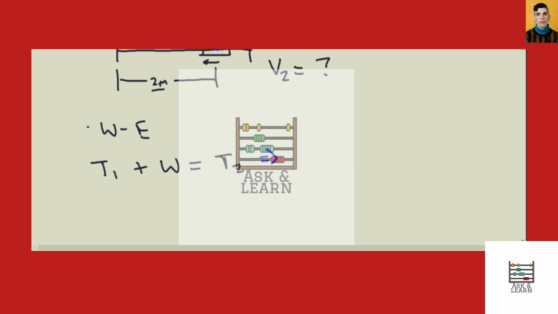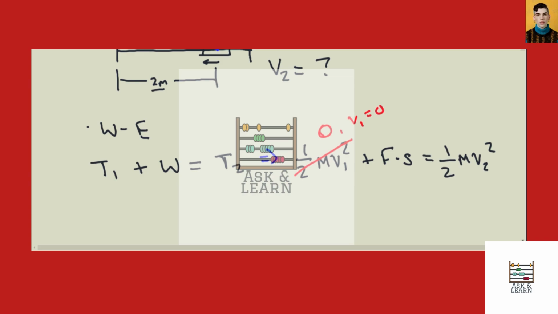And of course, we can expand this to 1/2 m v1 squared, v1 for the initial velocity, plus the force times the distance s is equal to 1/2 m v2 squared, v2 being the final velocity, which is what we're looking for. And we know that when it's at 2 meters, the object is at rest, so the initial velocity is 0. So this part of the equation is 0 because v1 is 0.